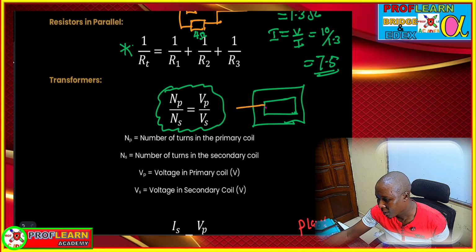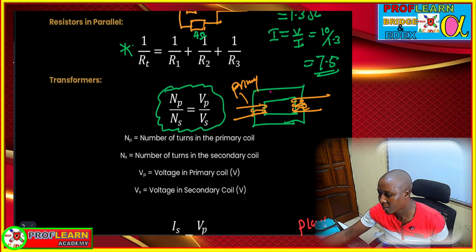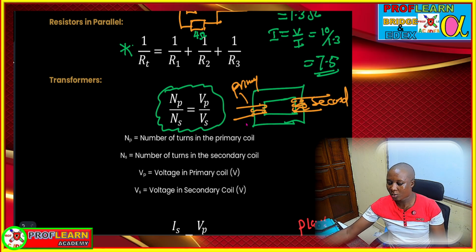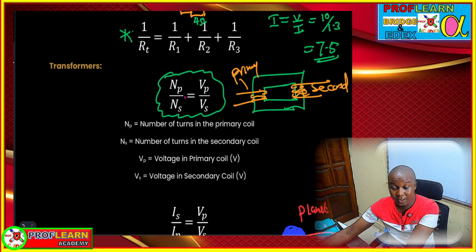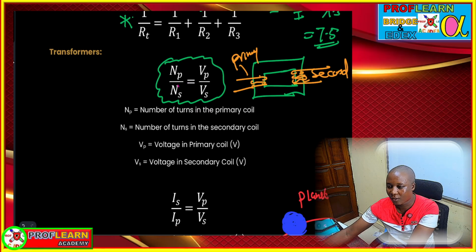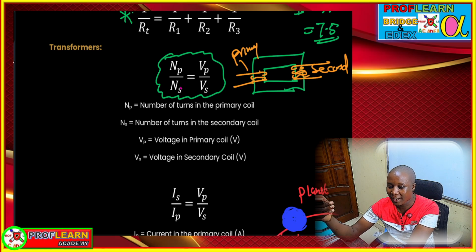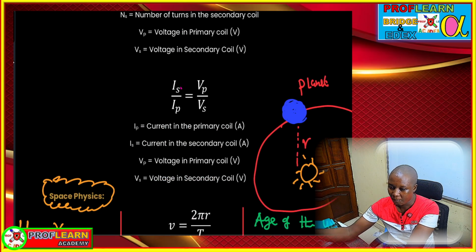So here we have those turns, and here we have a set of turns. This is turns in the primary coil, primary, and this is what? Secondary. I explained how to do these calculations, gave questions, and also explained how a transformer works.